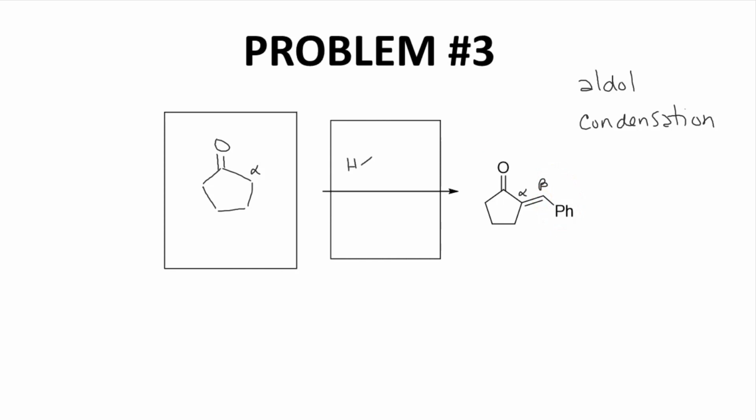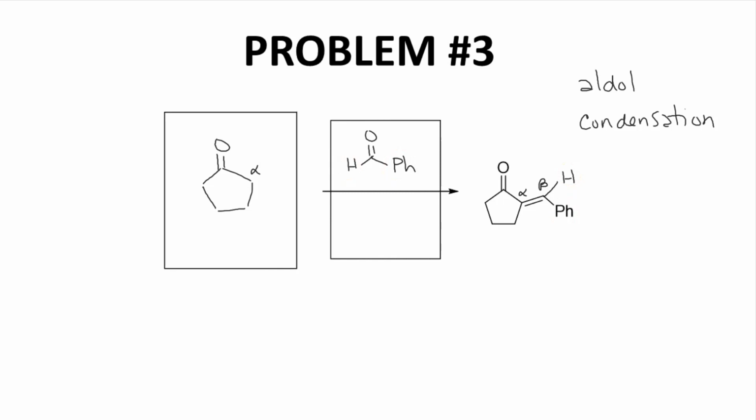So we need that. Just to make this clear, what else is off that beta carbon? There's a hydrogen. So off of the carbonyl that becomes our beta carbon, we're going to have that hydrogen and the R group, which happens to be a phenyl. So these 2 groups on the beta carbon are the 2 groups that are on the carbonyl.